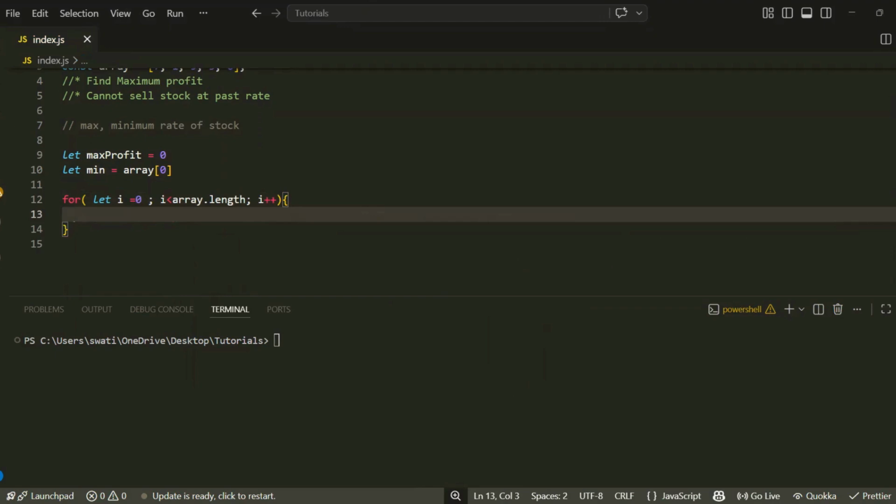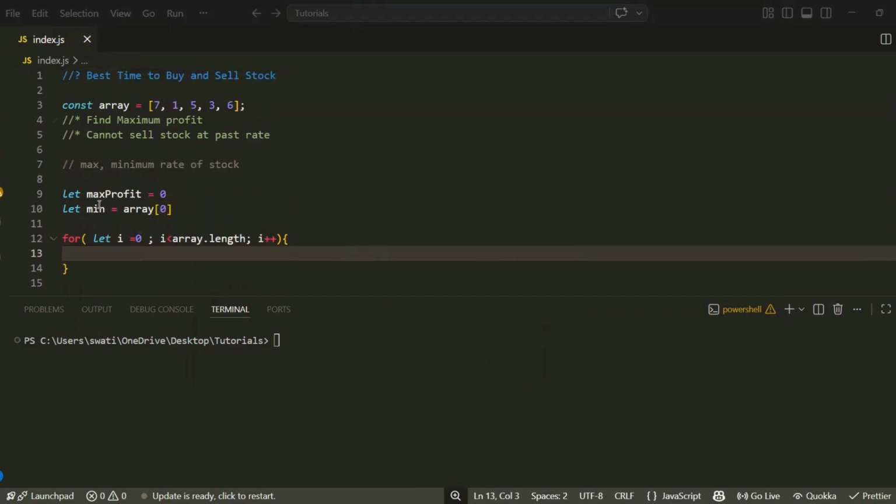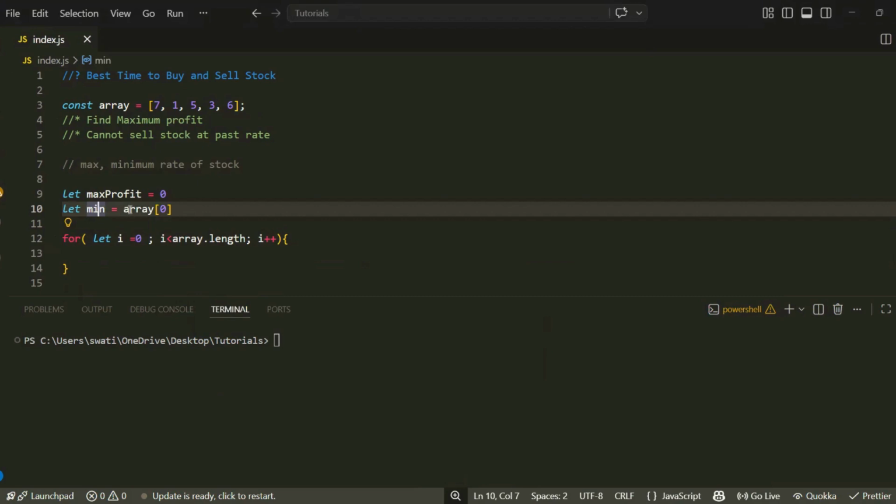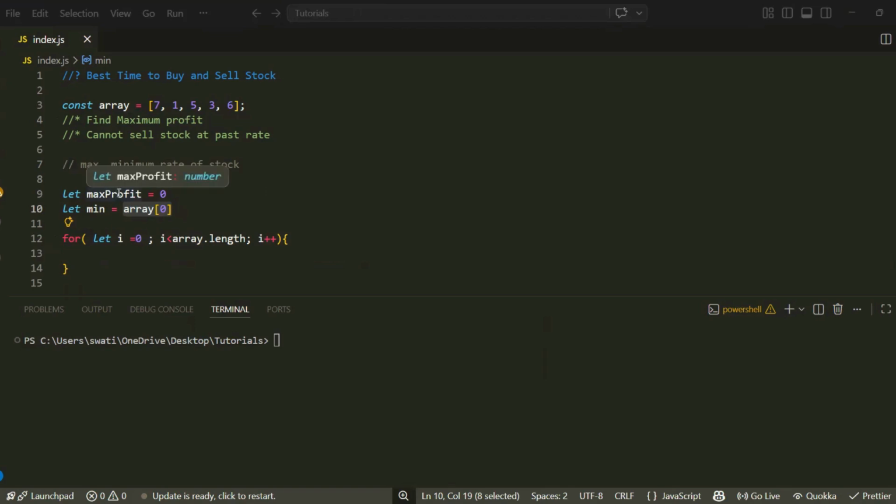Inside of this, we are going to do two things. First thing is, we are going to check the array of I and minus the minimum. If the array of I minus the minimum is greater than the maximum profit, then we are going to update this maximum profit.